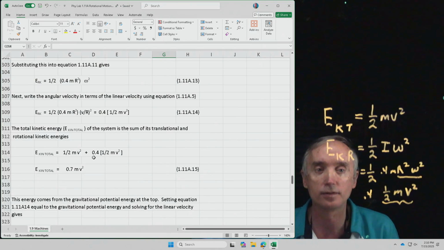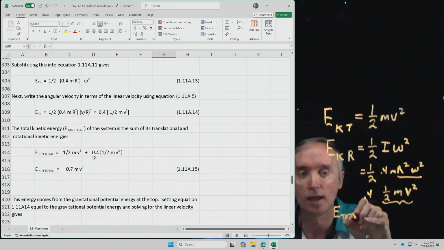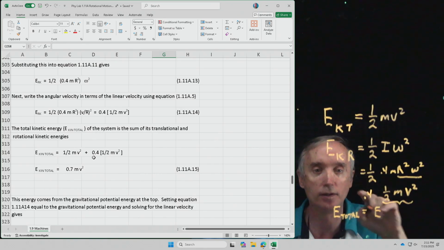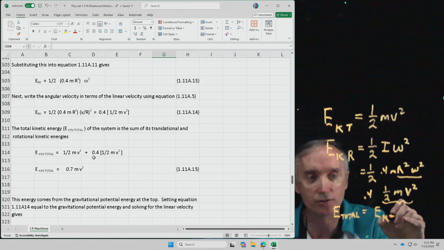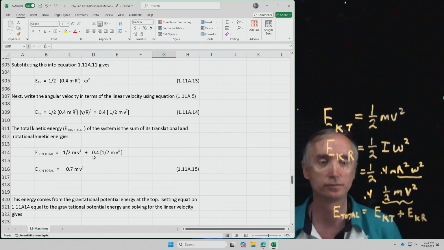Okay, but the total energy, E total, has to be the sum of its kinetic plus its potential. I'm sorry, it's going to be E kinetic translational plus E kinetic rotational.